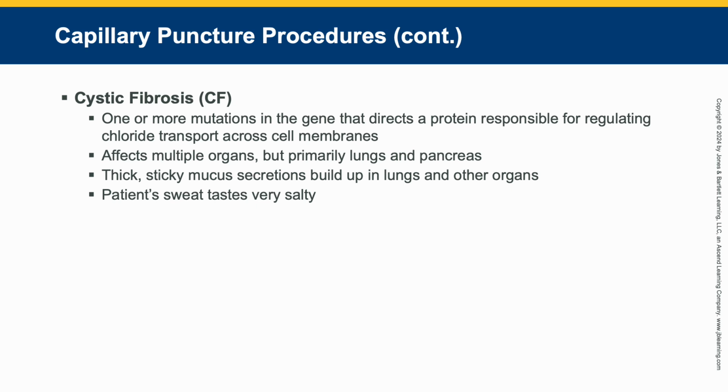What happens is the mutation causes the body to produce this thick, sticky mucus that builds up in the lungs and other organs. This mucus obstructs the passageways in the lungs, and this leads to pulmonary or lung infections. And then mucus blockage of the pancreatic enzymes that you have to digest food can lead to malnutrition.